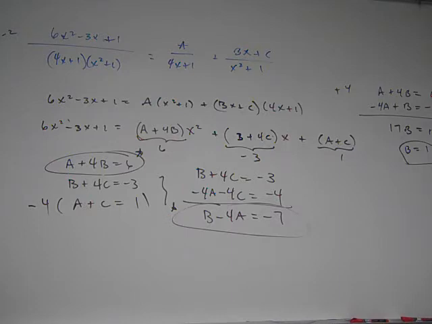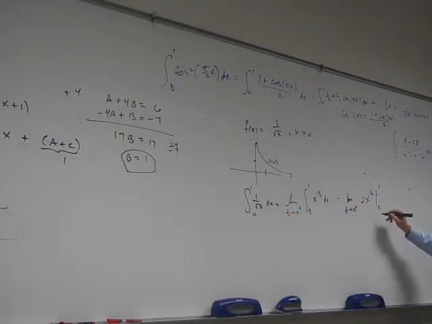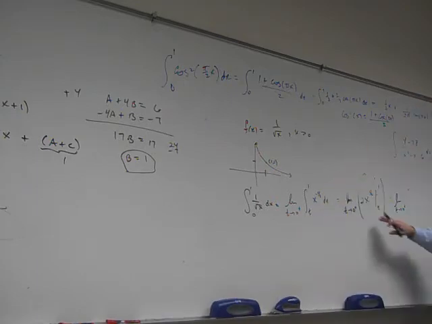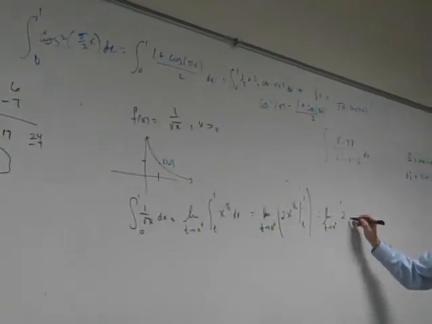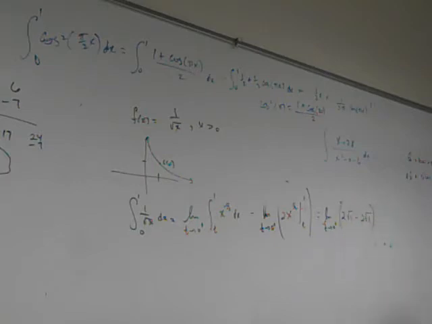Now I'll integrate it. x to the +1/2 times 2, because 2 times that is 1, x to the -1/2, from t to 1, limit as t goes to 0 from the right of 2 times the square root of 1 minus 2 times the square root of t. As t goes to 0, that goes to 0. That doesn't go anywhere, so it's 2.